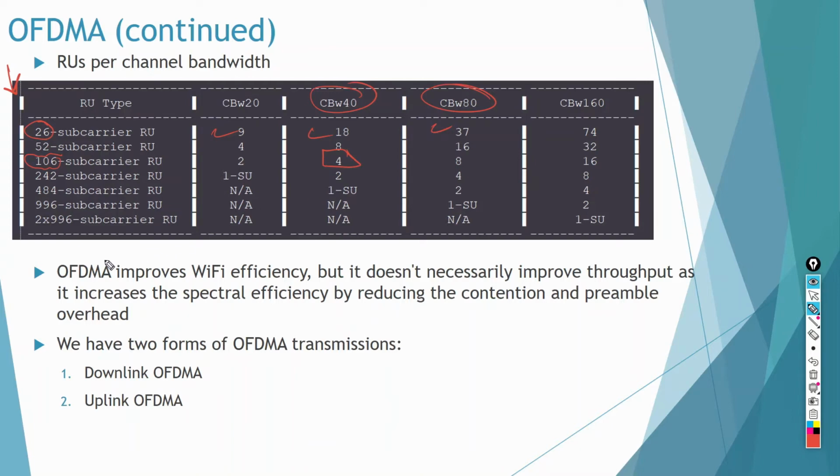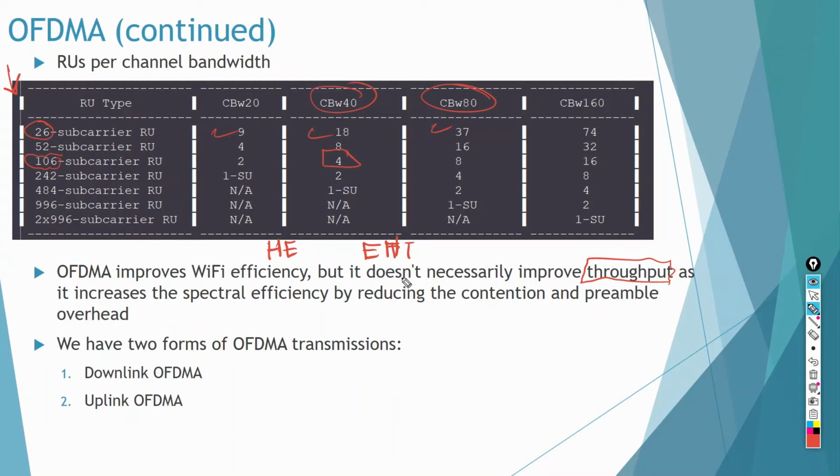Now, OFDMA actually improves efficiency, but not necessarily throughput. Why is that? We already discussed this in the first video. Wi-Fi 6 was designed for high efficiency. Wi-Fi 7 is designed for extremely high throughput.